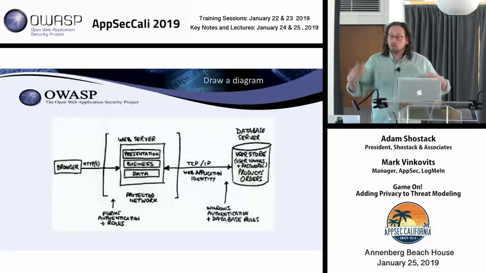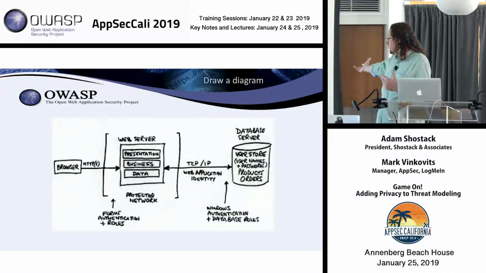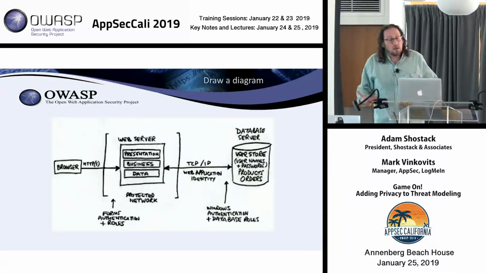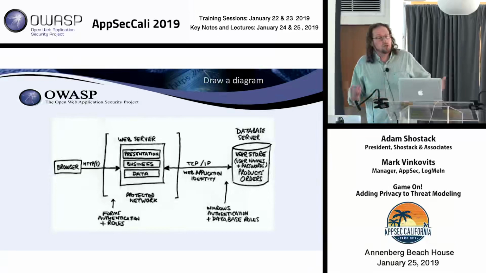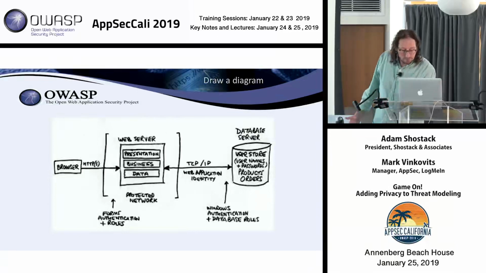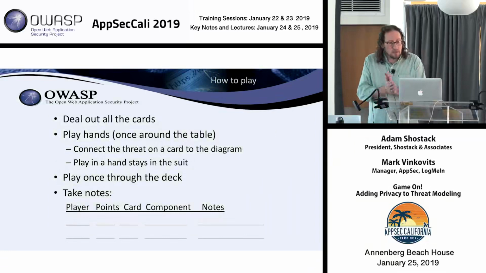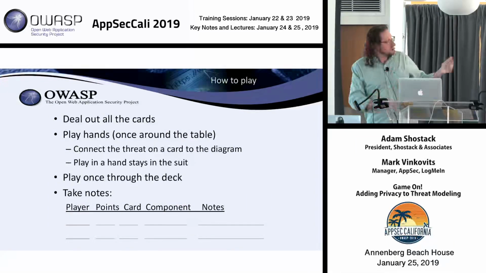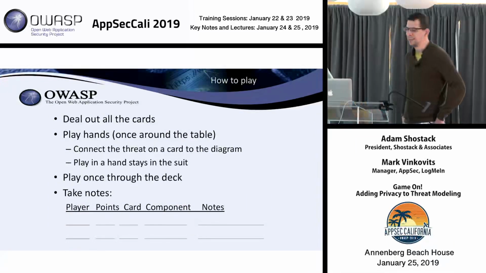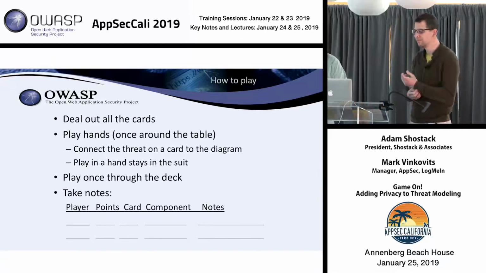And in software, we draw diagrams like this all the time. And so that's what you do to get started with Elevation of Privilege: you draw a picture. Then you sit down and play the Elevation of Privilege card game.